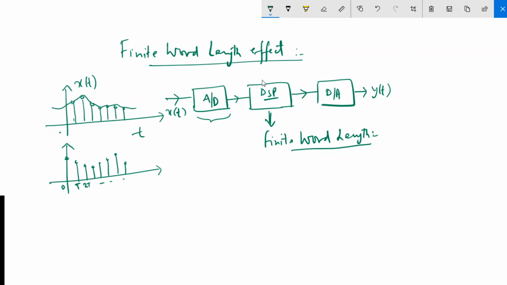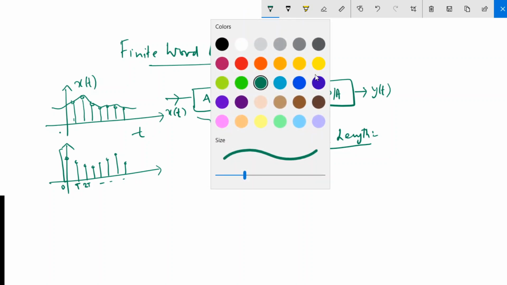You take the discrete samples of the continuous time signal, and then you have quantization. Now what we do in quantization, we have to discretize the amplitude axis.